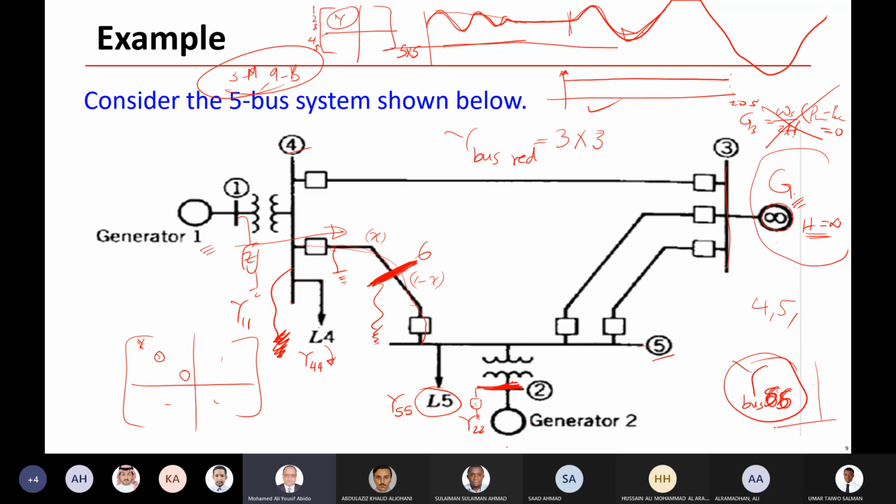If it is a solid fault, we eliminate bus number 6 or its row, and then we have buses 4, 5, and again we eliminate them by Kron reduction. You just create a fictitious bus at the fault location. It is not necessarily at the middle of the line. You can have the fault anywhere, divide the ratio, and repeat your analysis.